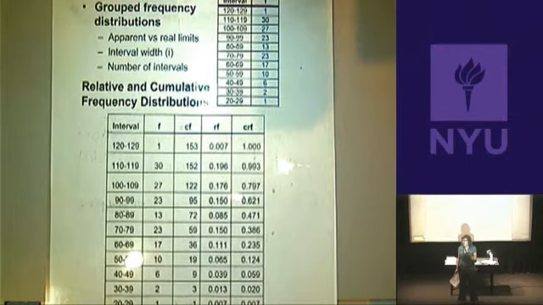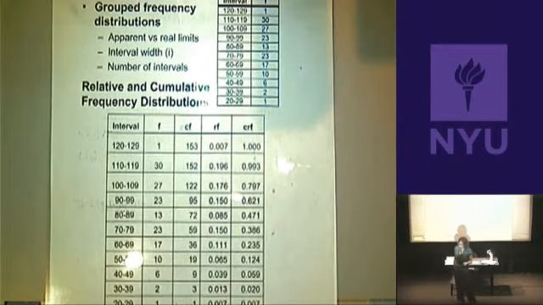Okay? So what we have to do is determine how many intervals. Now, everybody always asks me, how many intervals should there be? This is where it's a little more of an art than a science. Often, people will say somewhere between 10 to 20 intervals is good. That's pretty wide, and it also depends on the data that you're displaying.